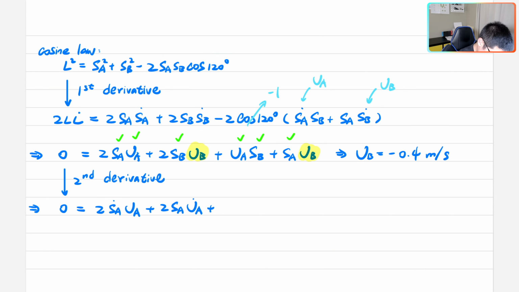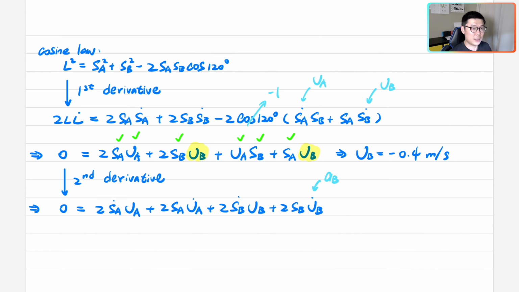And then this part is 2SB dot VB plus 2SB VB dot. What do we have here? This is our acceleration of B. Just be patient. This is not a very hard derivative. If this is in a calculus course, you should be able to do this right away. Just be careful and be patient.